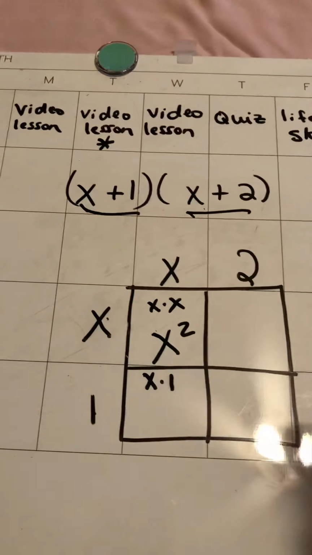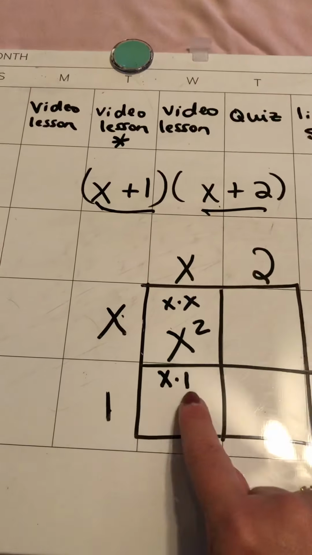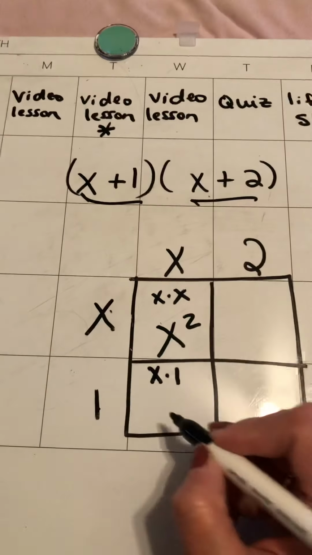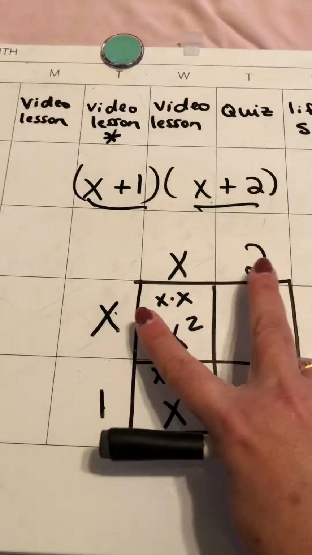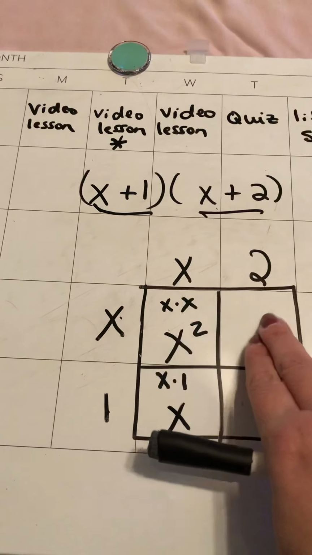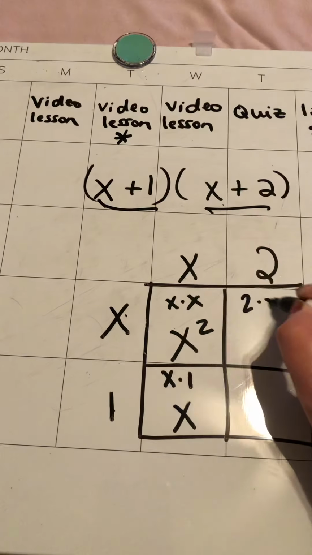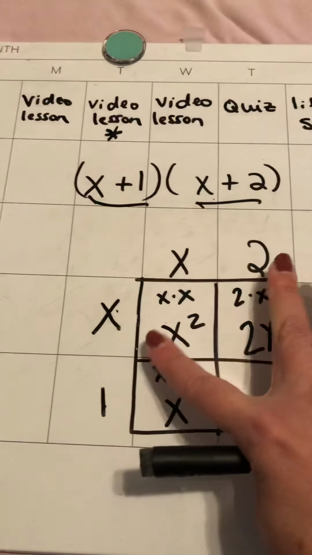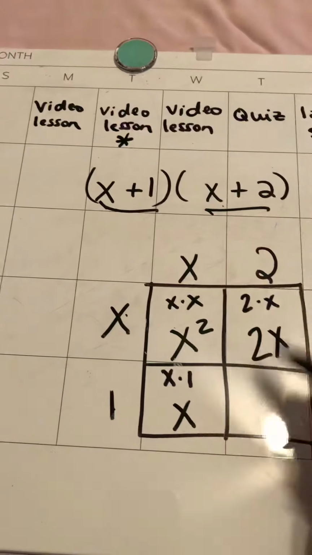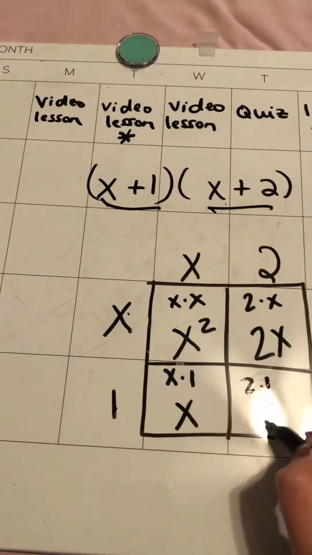I wish I had more hands. I bring down the x, and I bring over the 1. So x times 1 is just x, or 1x, whichever you prefer. Then here I have 2 times x goes here. Put that together and you get 2x. 2 times 1 goes here, and that gives you the 2.